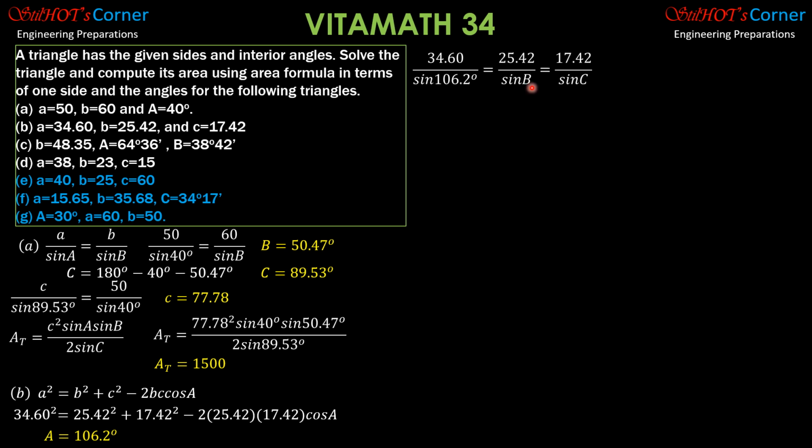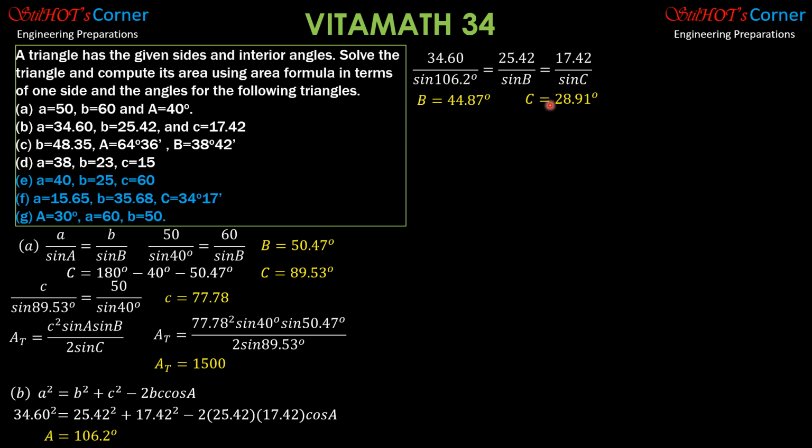So solving for angle B, it is equal to 25.42 sine 106.2 degrees over 34.6, then shift sine using the calculator. So angle B is 44.87 degrees. Then 17.42 sine 106.2 degrees divided by 34.6, then shift sine of the answer, then we can compute angle C to be 28.91 degrees.